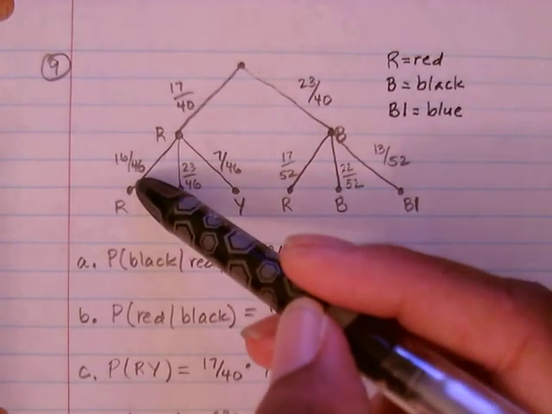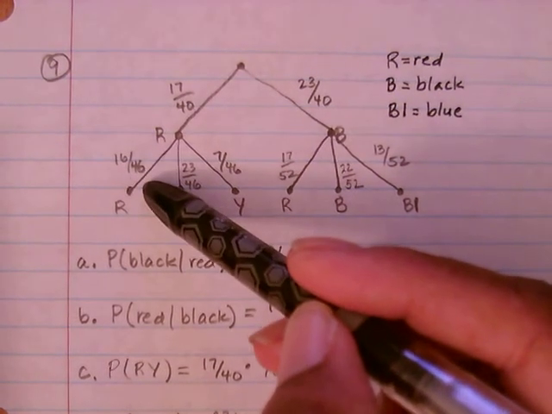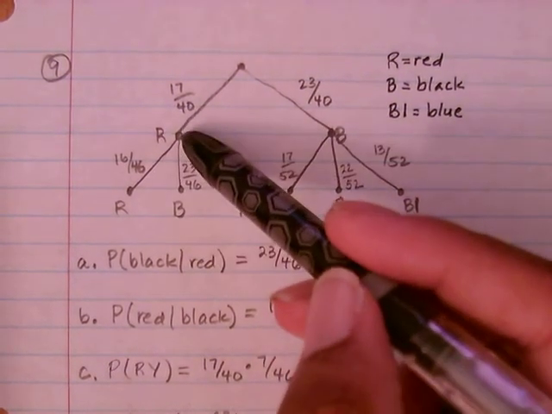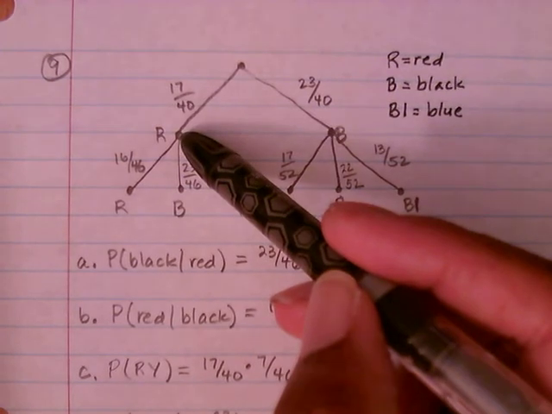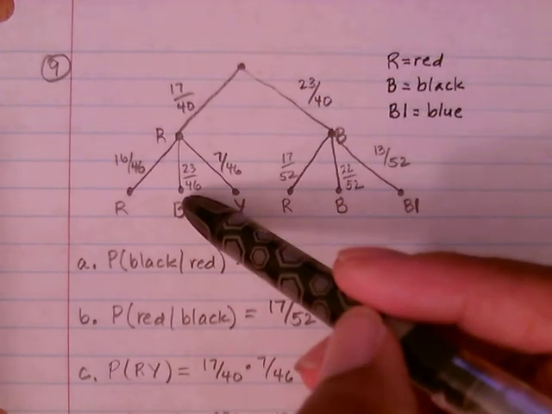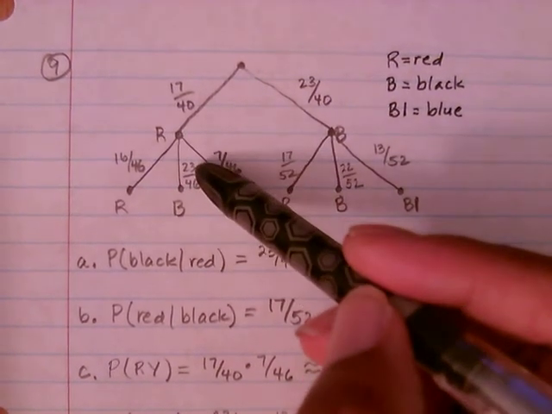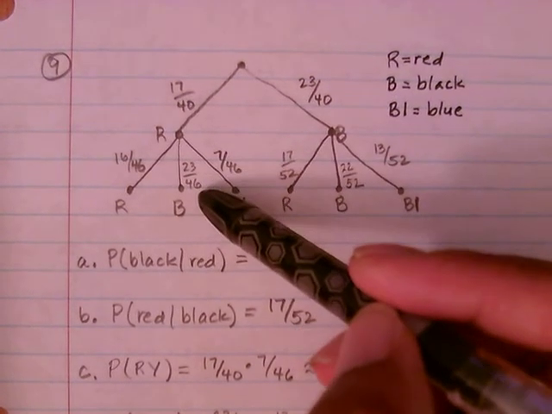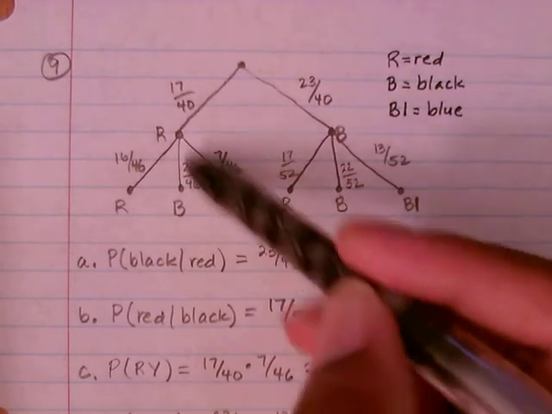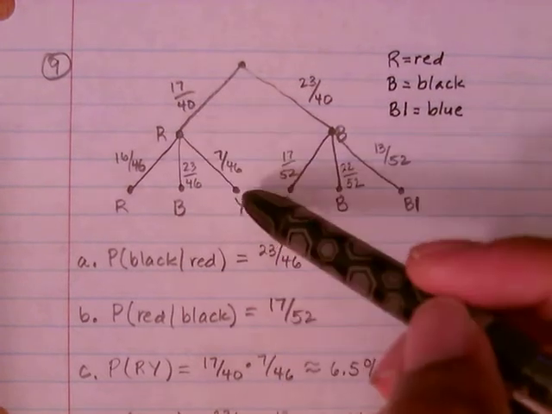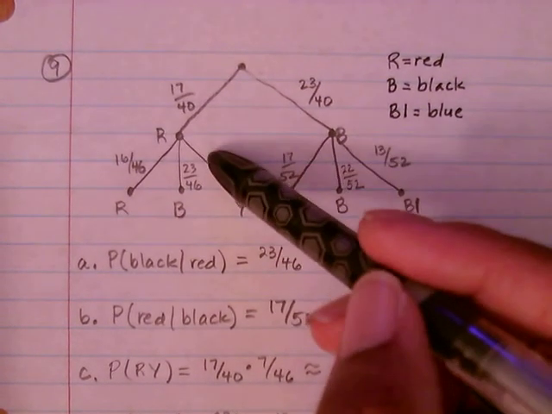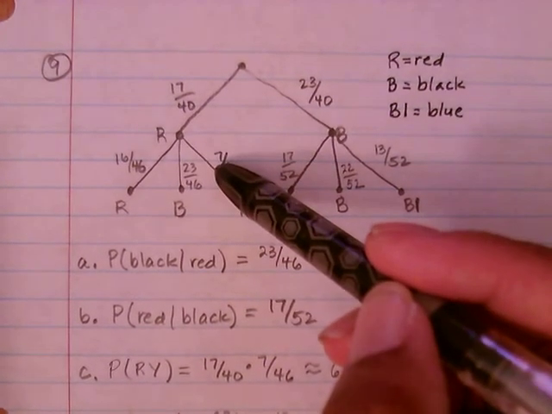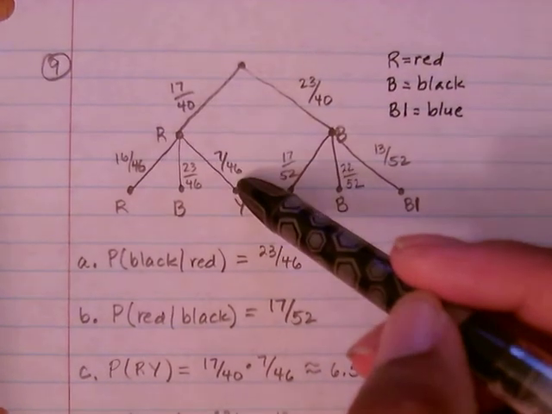A black marble, you'll have 23 black marbles out of 46, because the first one drawn is a red. You didn't draw a yellow marble, so you'll still have 7 yellow marbles in that jar out of a total of 46.